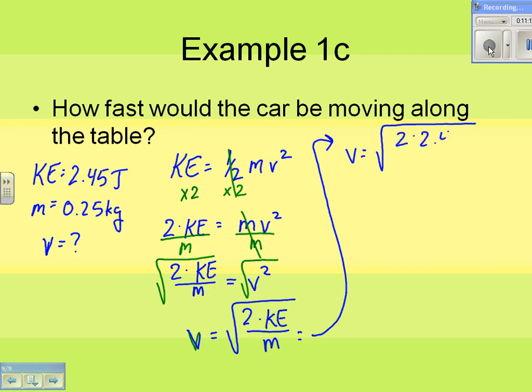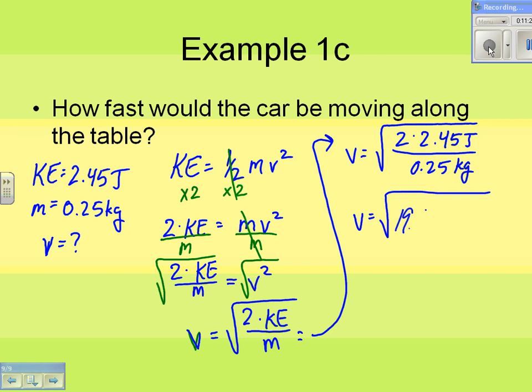2 times my kinetic energy of 2.45 joules divided by the mass of 0.25 kilograms. Figuring that out, 2 times 2.45 divided by 0.25 works out to be 19.6. Now the units are stranger. Remember though that a joule is a kilogram times a meter squared over a second squared.